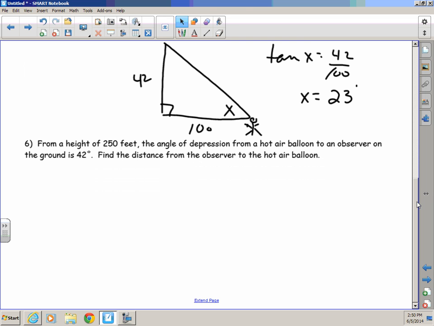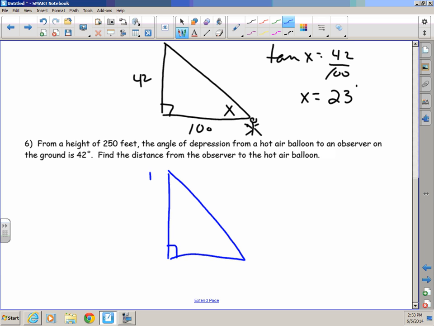And then finally, I have a person in a hot air balloon. So the balloon is up top here. And since I have an angle of depression, it's out there. But I'm also going to put it in here. Or I also know that this is 48 degrees, so I can use either one. It's 250 is height. Height is always vertical. And it says I want to know the distance from the observer, who's on the ground, to the hot air balloon.